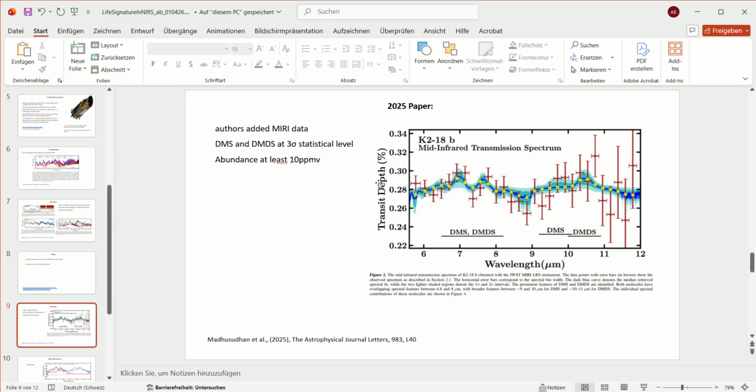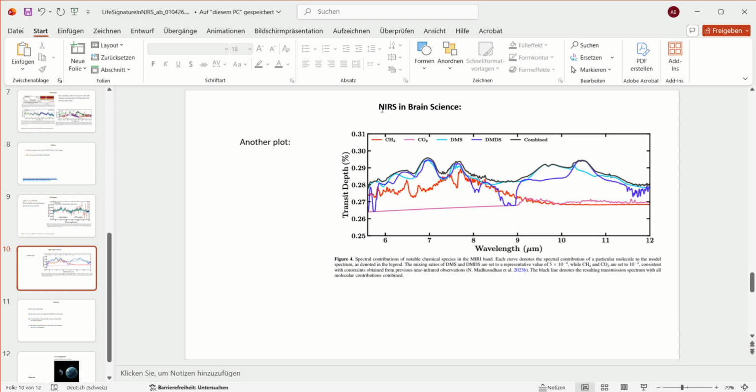And there they have found DMS, and a variety of DMS, which is DMDS. So the fitting is better, and they even give an abundance of the gas, which is at least 10 parts per million volume of the atmosphere. So that is the result that has to be discussed now. Very interesting result.